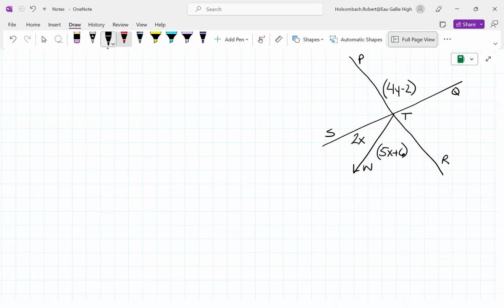And the directions ask to find x and y so that PR is perpendicular to SQ.